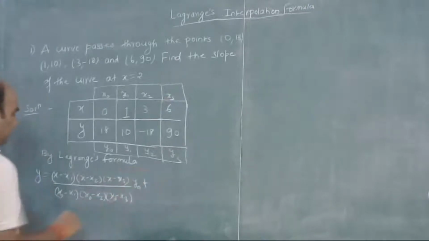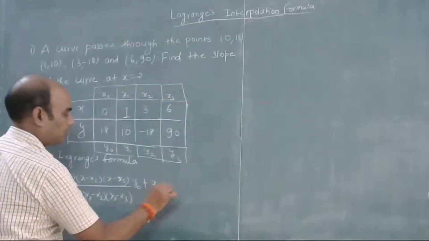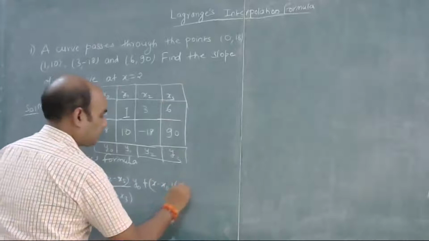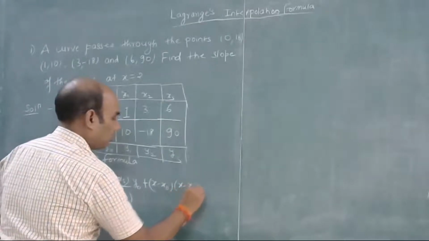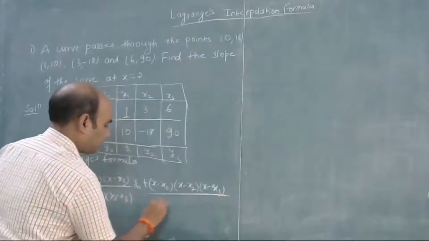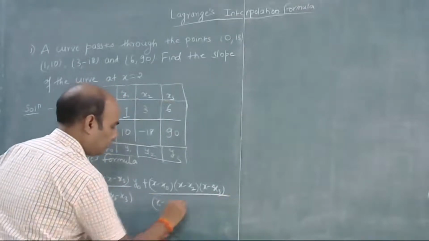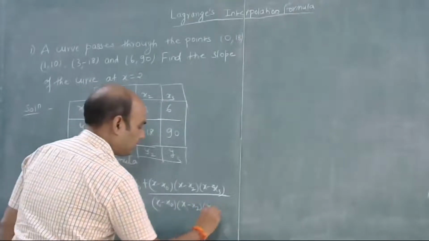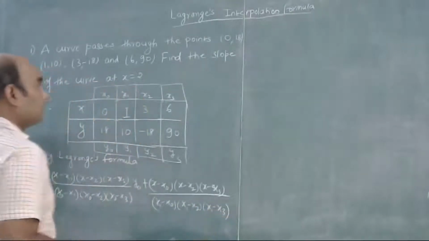Then the second term is (x minus x0)(x minus x2)(x minus x3) whole divided by (x1 minus x0)(x1 minus x2)(x1 minus x3), multiplied by y1.